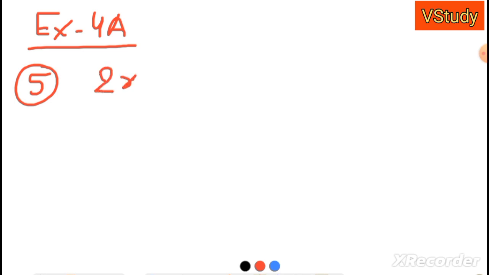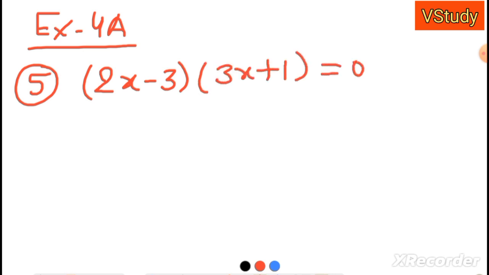Exercise 4a, question number 5. The question is 2x minus 3 times 3x plus 1 is equal to 0. And we have to find the roots of this quadratic equation, or we can say, solve this quadratic equation.